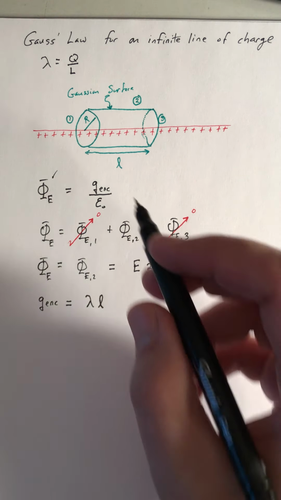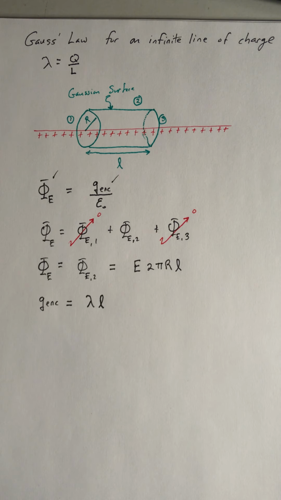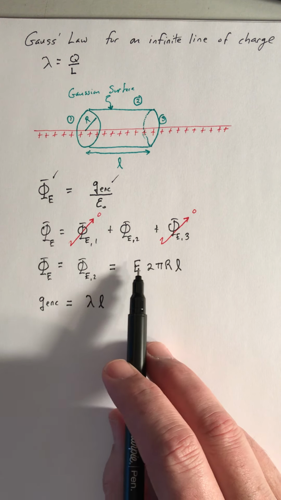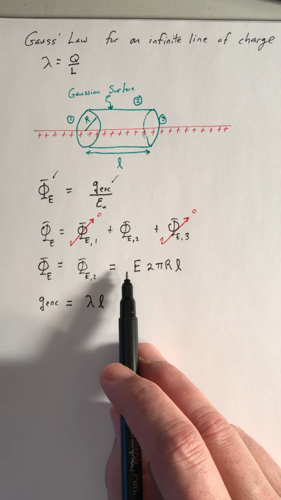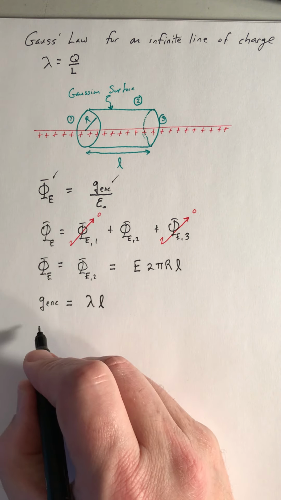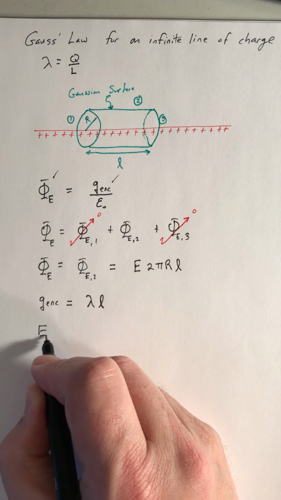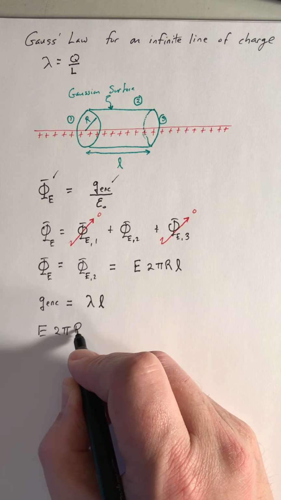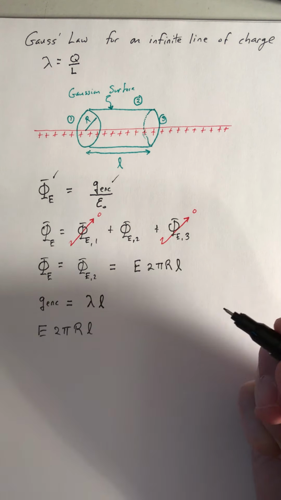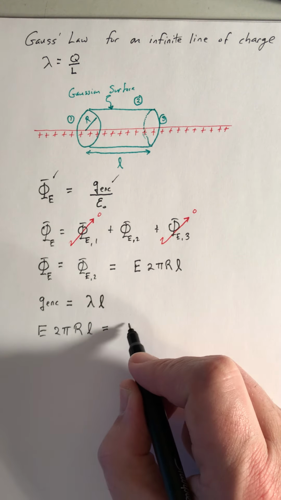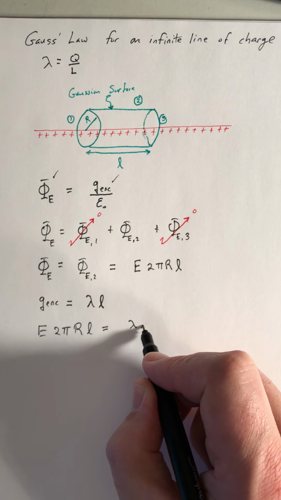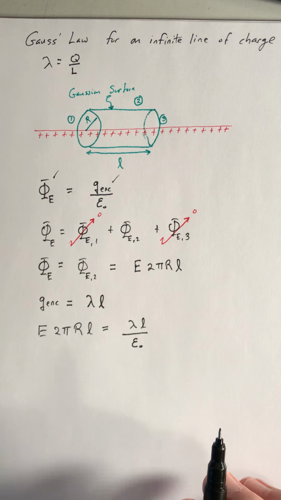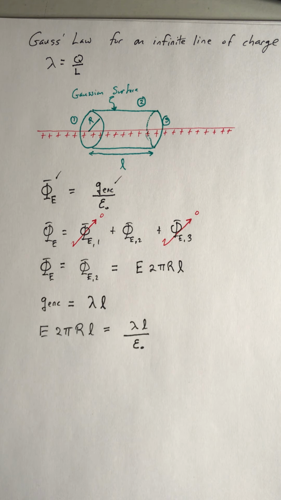So now we know both sides of Gauss's law, and we can set up our final equation where we're going to solve for the magnitude of the electric field. So the magnitude of the electric field times 2 pi r L is going to equal the line strength, lambda, times L over the permittivity of free space, epsilon naught.